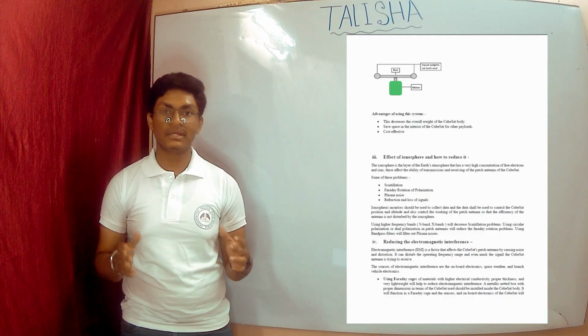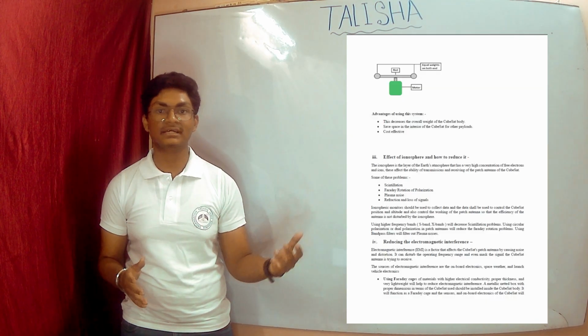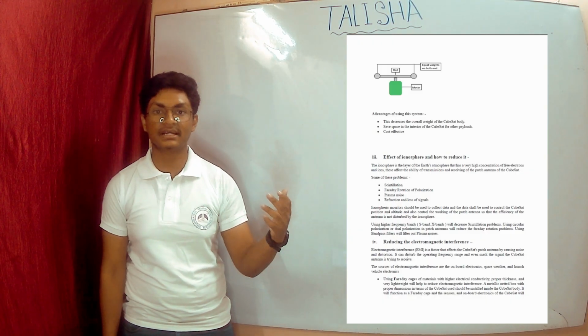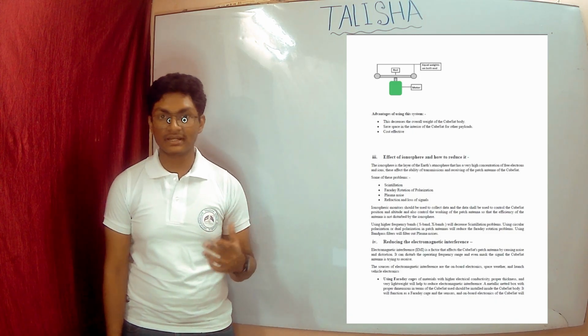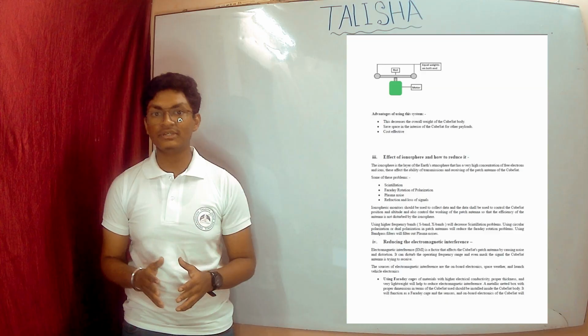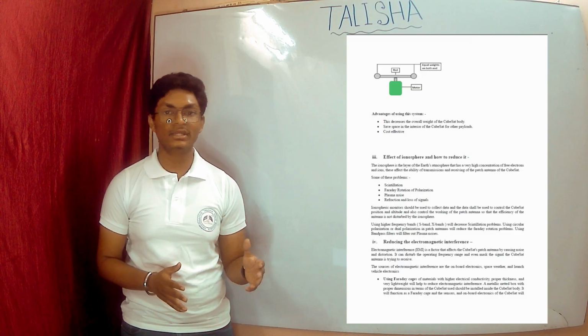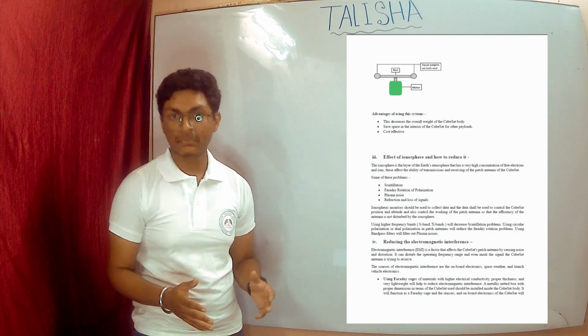So it gives many problems and issues to the electrical things and the radio frequencies that reach the satellites. The effects that we can see due to the ionosphere are scintillation, Faraday rotation of polarization, plasma noise generated which disturbs the communication, and then refraction and loss of signals.